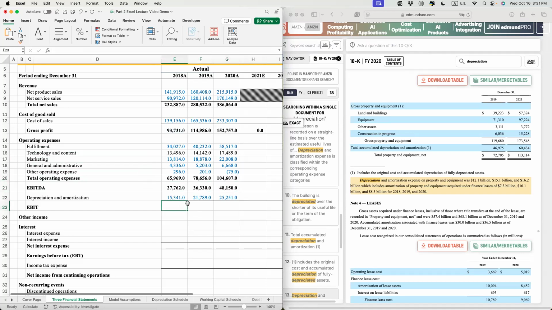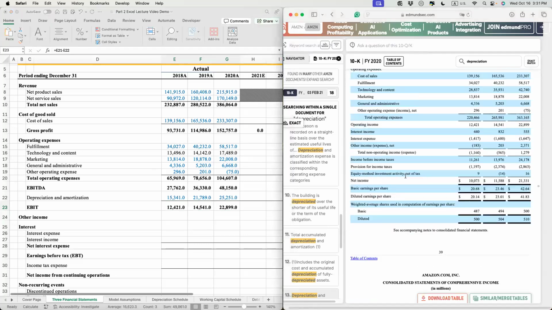One way to check whether our calculation is correct: since we have the EBITDA, and we have the depreciation and amortization listed in the cash flow statements, we can calculate EBIT by taking out the D&A. That is equal to your EBITDA minus your depreciation and amortization, and that will give you the operating income.